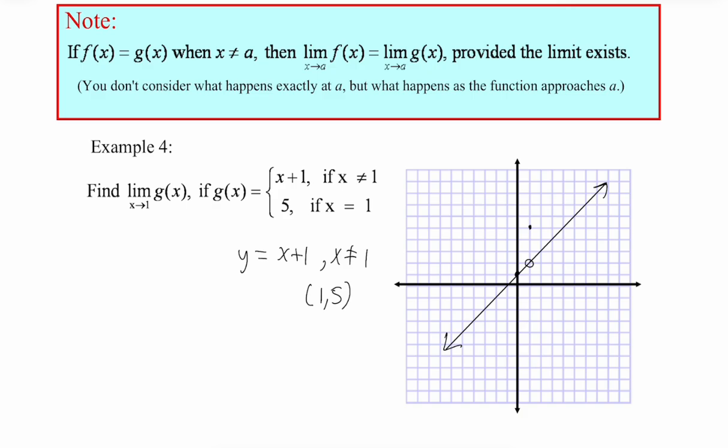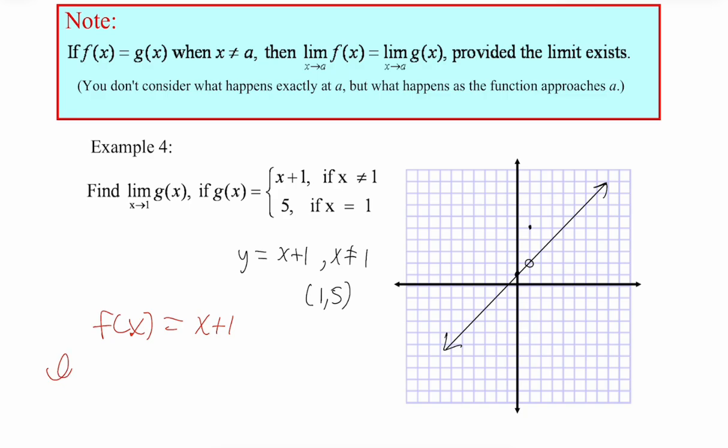So what this little note is telling us, if I know a function that's acting the same as that, except at the point in question, because limits don't care about the point in question, I can use that instead. So let's call f of x the line x plus 1 that's completely perfect. Would you agree with me that g of x and f of x are the same except for at a point? Yes. So this rule applies.